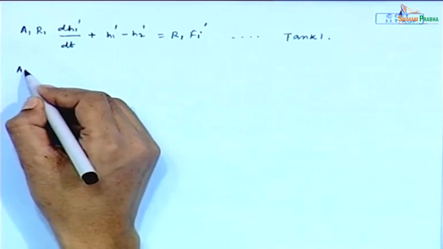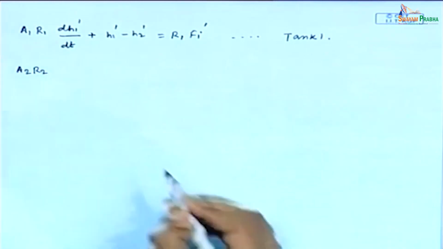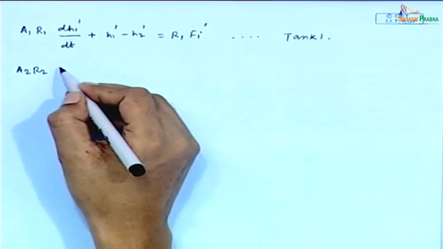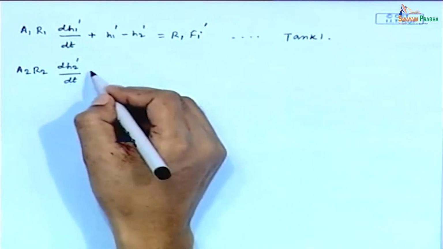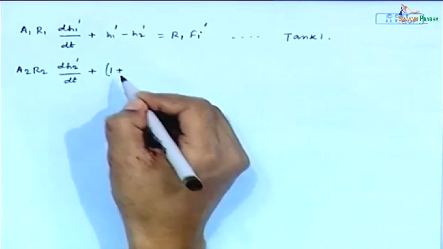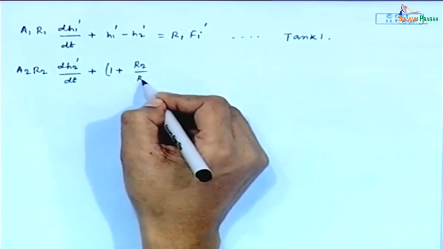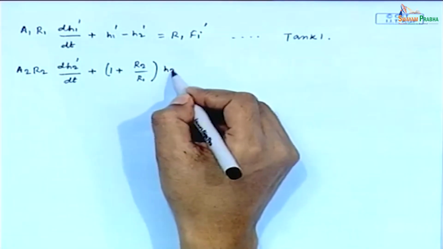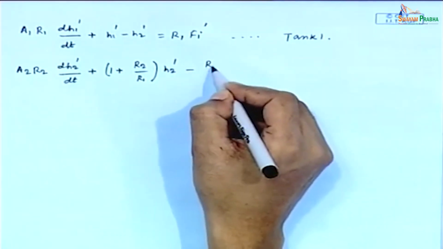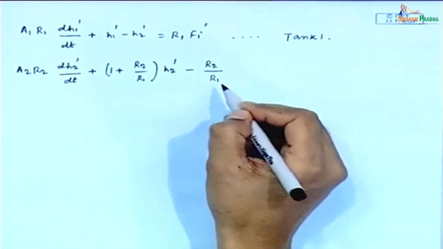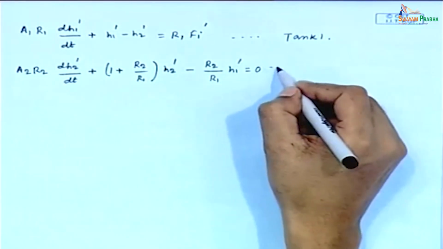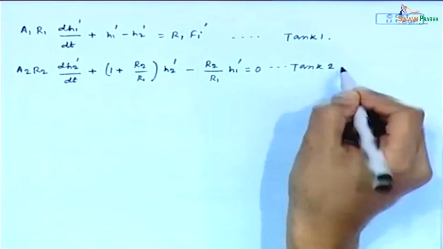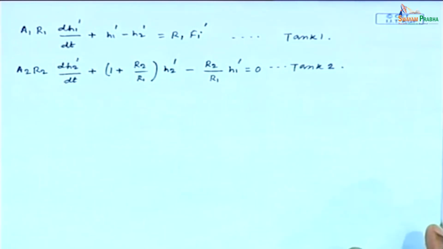Similarly, for tank 2 we can write the modeling equation in terms of deviation variables as A2 R2 dH2 prime/dt plus (1 plus R2 divided by R1) H2 prime minus (R2 divided by R1) H1 prime equals 0. This is for tank 2. Fine. Now we will take Laplace transform of these two equations.